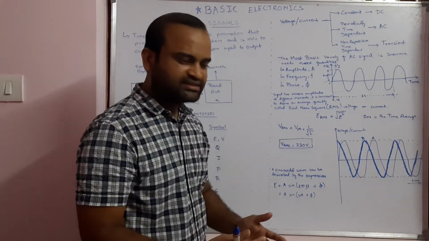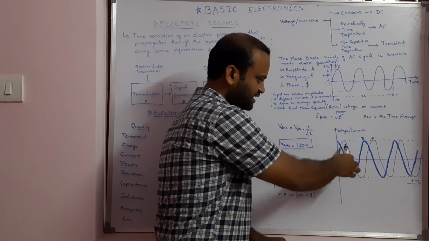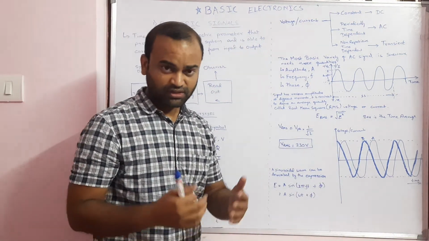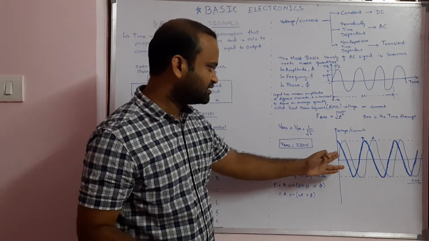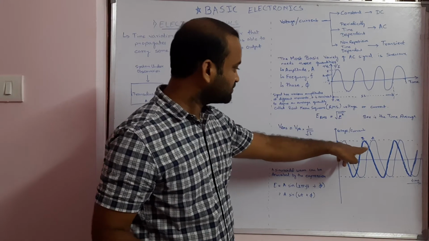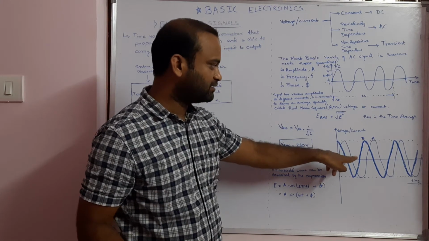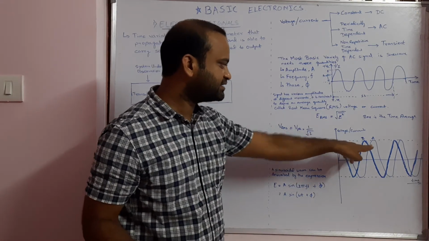So that means that signal B is leading and signal A is lagging. It may appear in an opposite way, that actually signal A is leading and signal B is lagging, but the reality is signal B is leading and signal A is lagging.